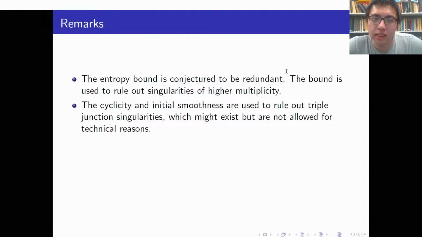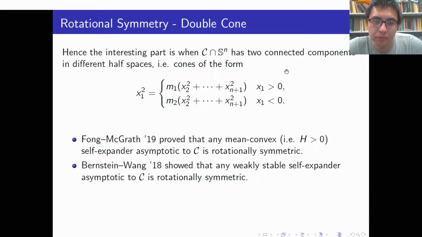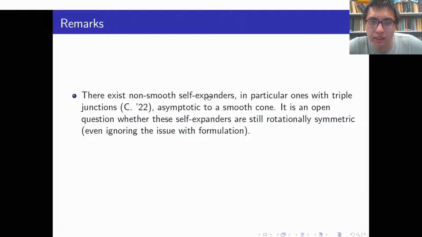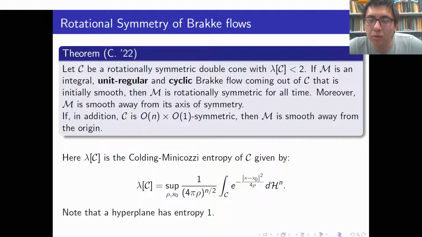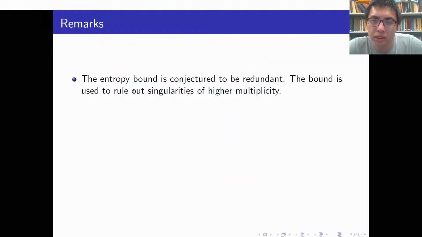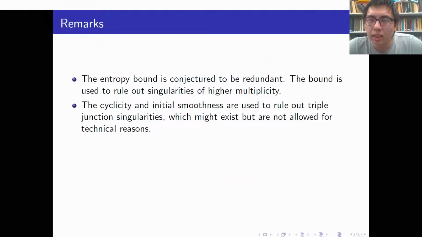And again, as I said, the cyclicity and the initial smoothness are used to rule out those triple junction singularities, which, as we've said, could exist. There exist some smooth self-expanders with triple junctions. So we don't want multiplicity 2 singularities, and we also do not want triple junction singularities.